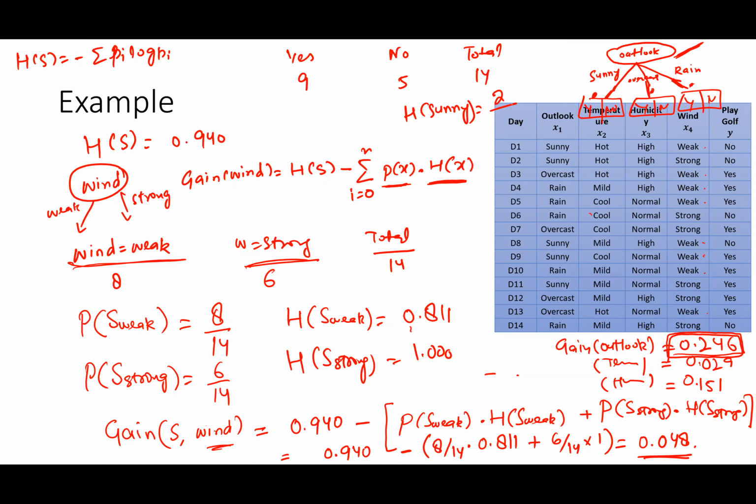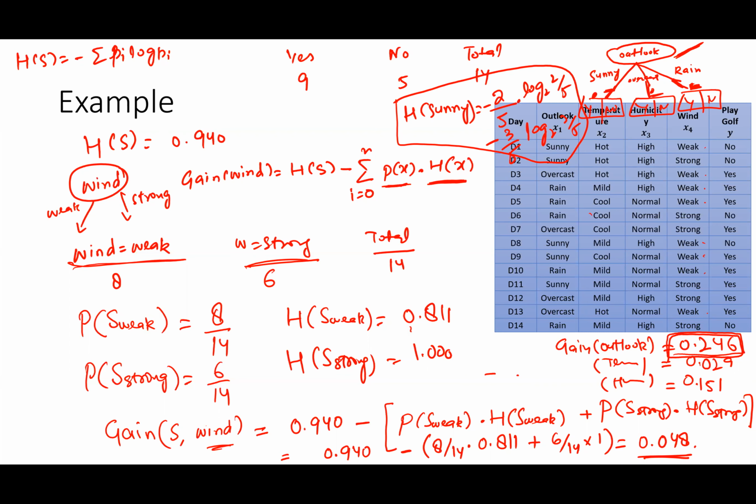So 2 out of, what is the total number of sunny? 1, 2, 3, 4, 5. 2 over 5 is the probability. So H of sunny is minus 2 over 5 log to the base 2 of 2 over 5, minus 3 over 5 log to the base 2 of 3 over 5. This will be the entropy of our sunny. We'll place that entropy here. Similarly, we will find the entropy here, and we will find the entropy here.